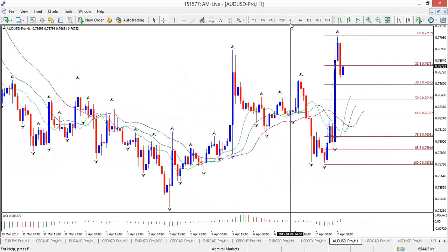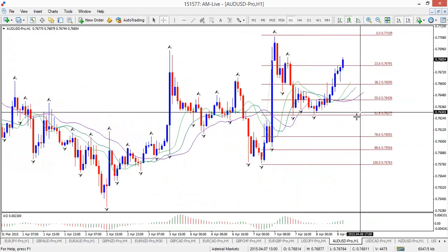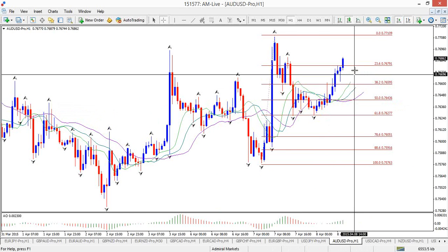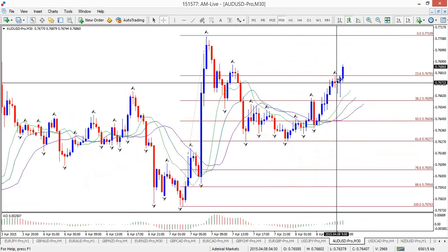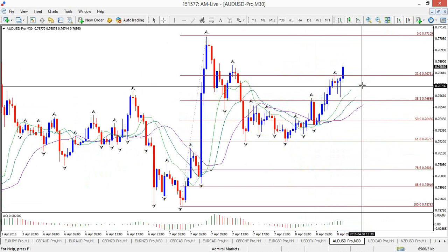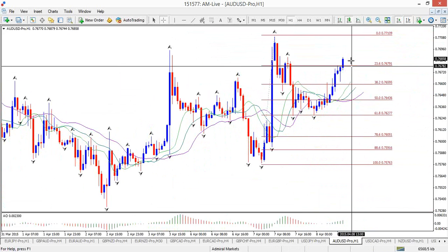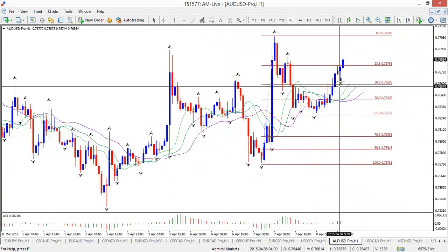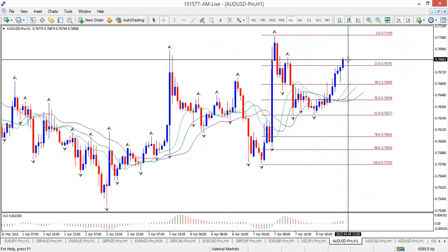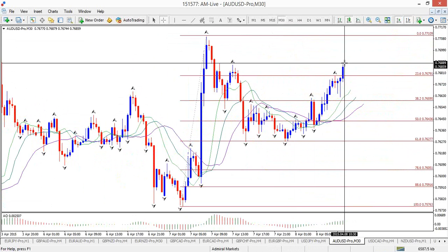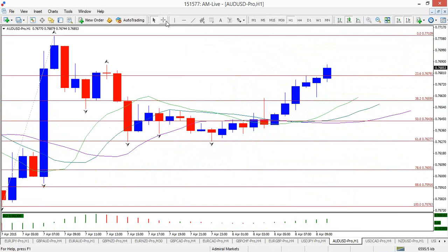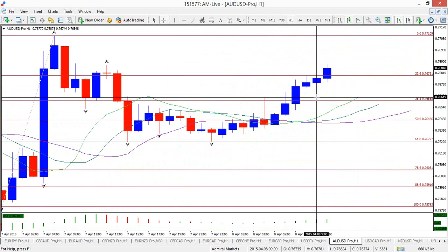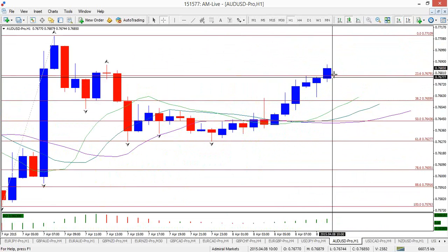So here too, some of you maybe took the long based on yesterday. If you didn't, then at this point I would wait for a bit of a pullback, because at this moment I personally don't see the sense of taking it. If someone does take it, the stop loss would have to be relatively tight, probably just below this pin bar, this low here, and then trail the stop at each candle high.